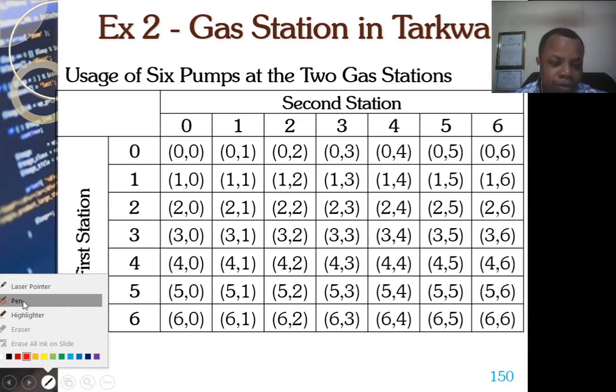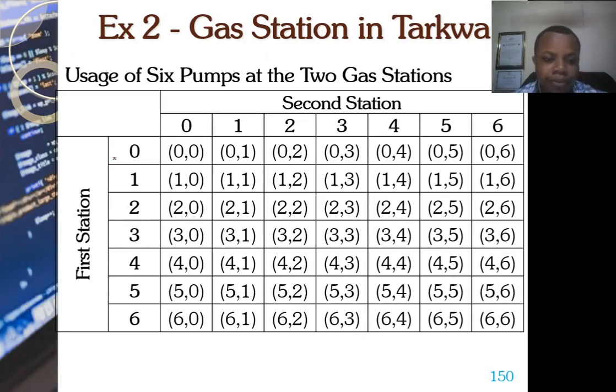Now in this table, we could represent this first part to be our first station, and this upper part to be our next station. So this first station could either be Goil or Shell, and the second too in that same case.